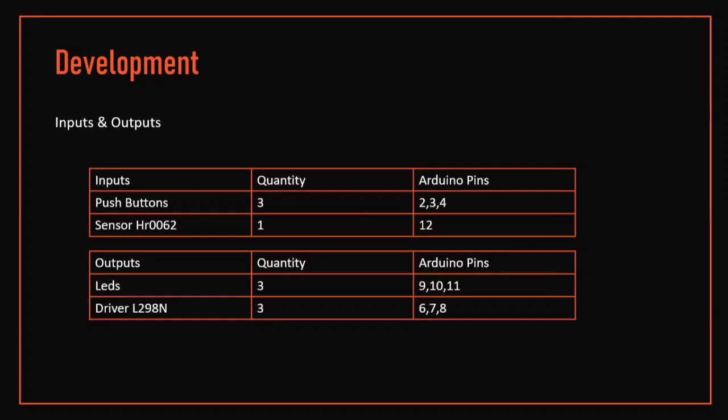The quantity is going to be 3 LEDs, and the Arduino pins are 9, 10, and pin 11. And for the driver, it's going to be pin number 6, number 7, and number 8.